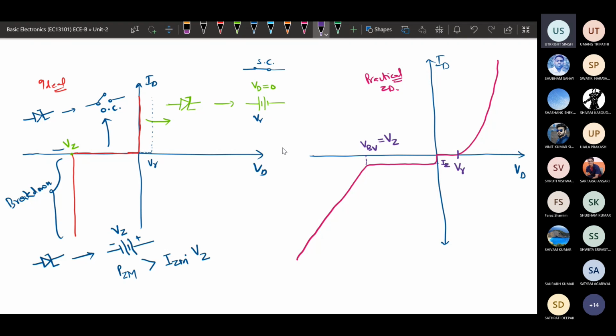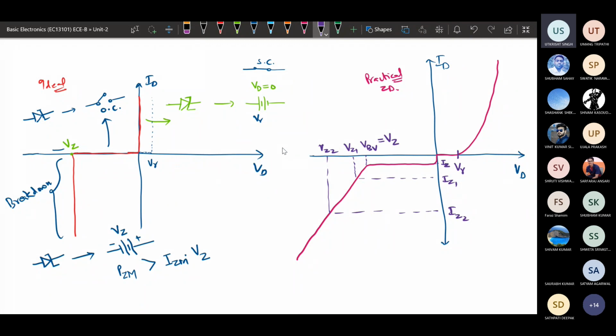Similarly, if we increase the voltage further, we will have VZ1, and with respect to that, the current IZ1. Similarly, if we have a VZ2, we can have the current IZ2.